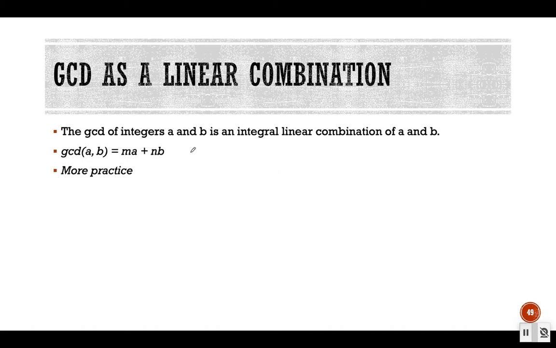Let's say I want to find the GCD of two numbers, 270 and 192. In this process my A is 270 and B is 192.